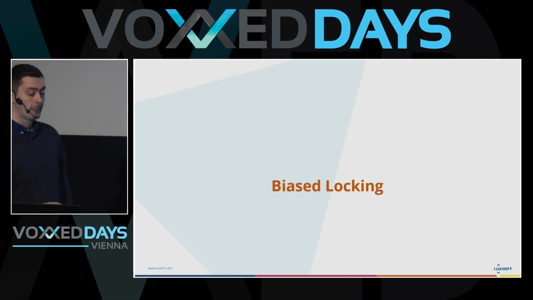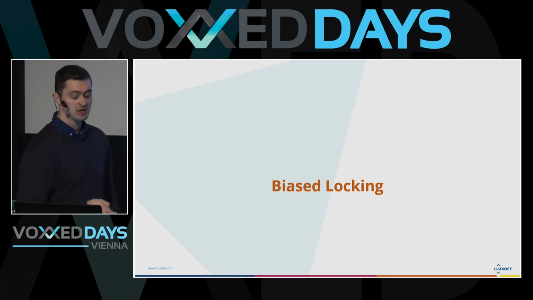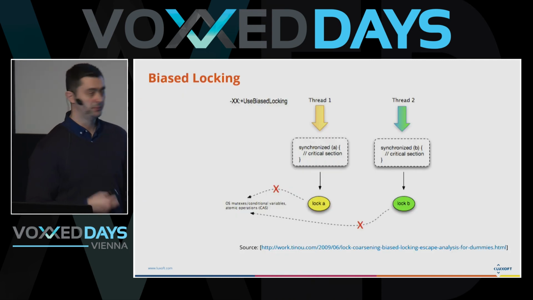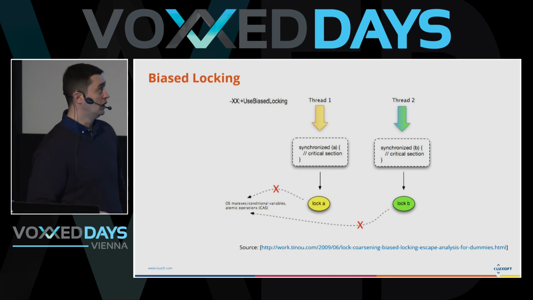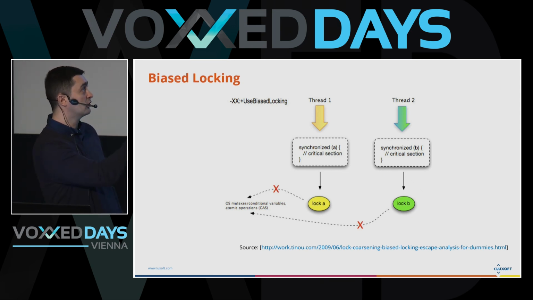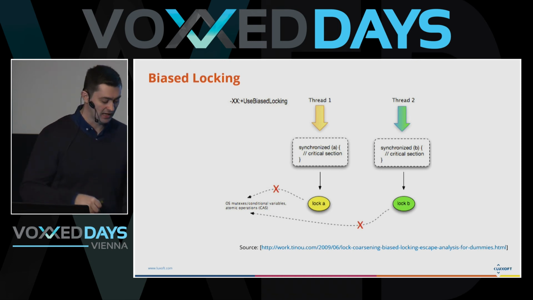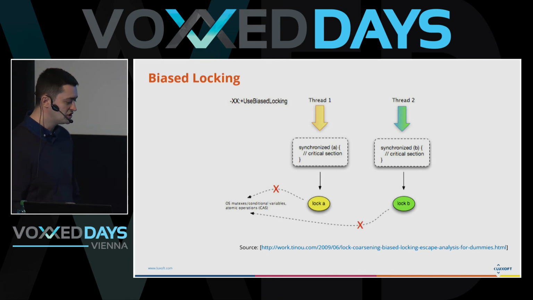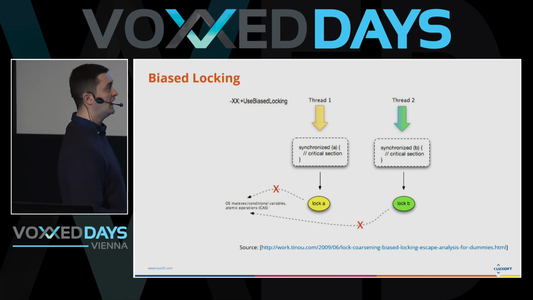Biased locking. It's in there since 1.6. Biased locking is a technique for uncontended locks. For example, I have a synchronized method, but during the runtime I have just one thread that calls it. There is an optimization which avoids the penalty of the real synchronization.